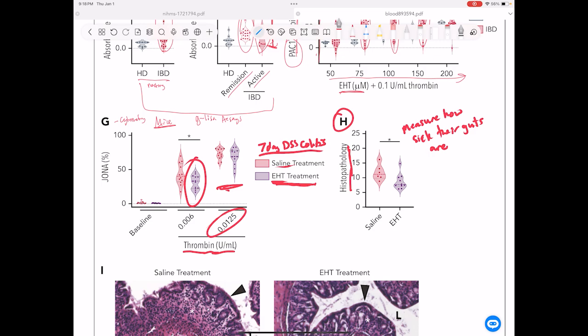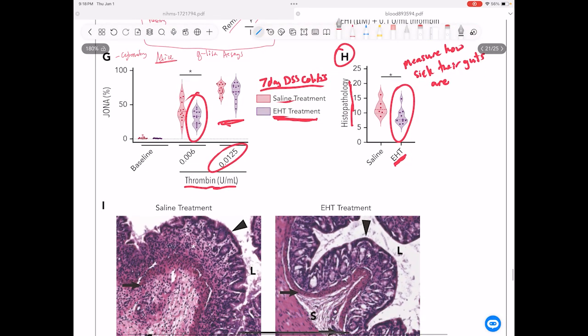And on a very strict criteria list, they measured everything and said this is how sick it is based on these criteria. And EHT was, again, consistently lower in this score, which means that they were healthier compared to those that were just saline treated.